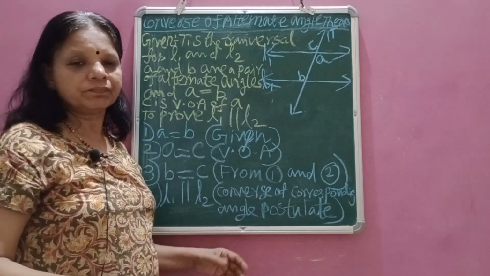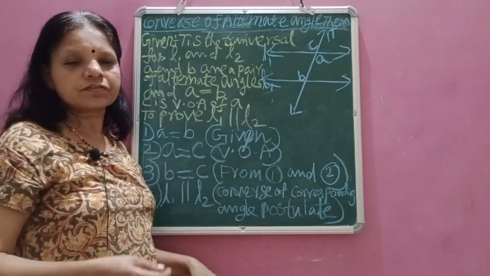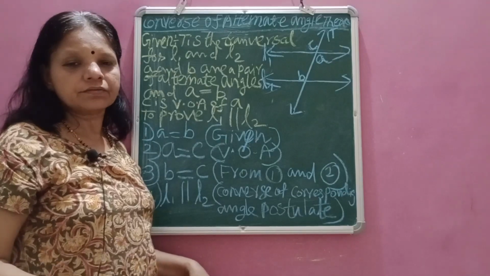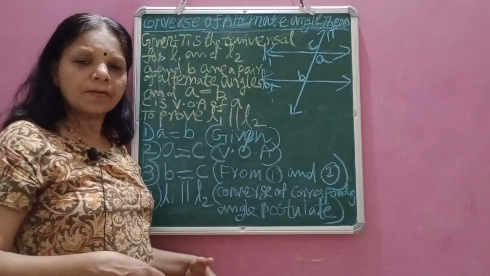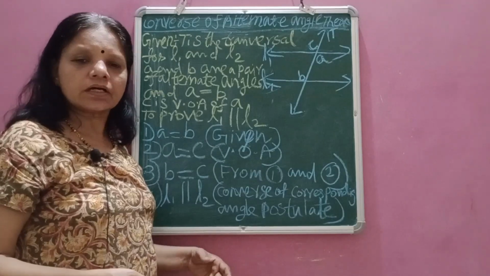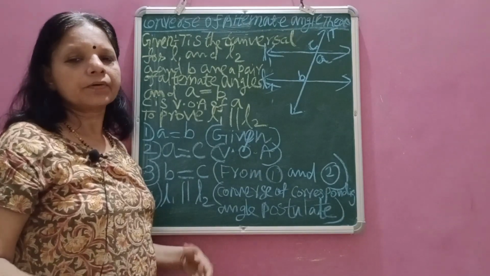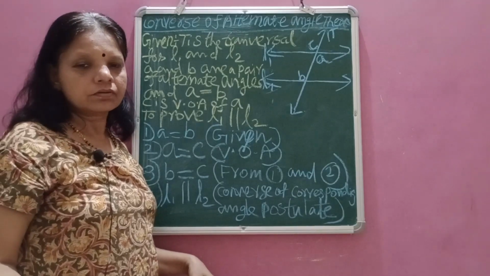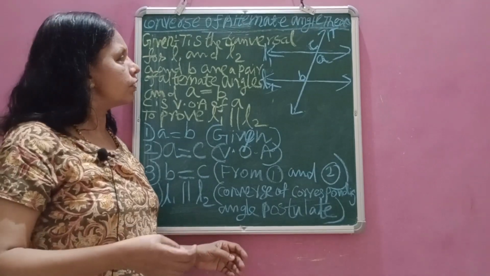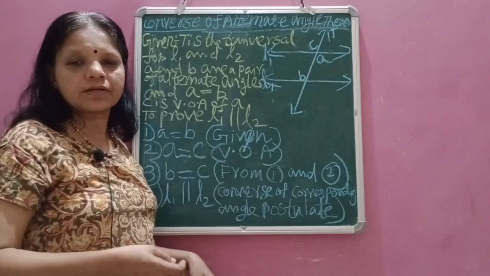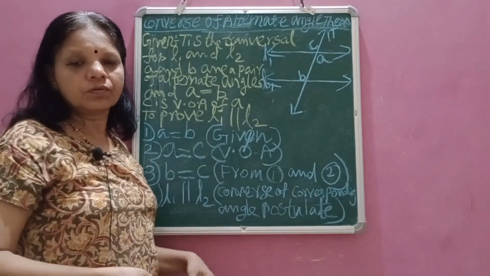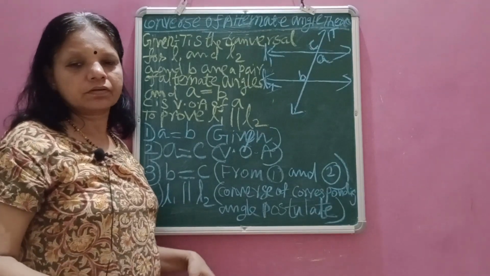What is the theorem? When a transversal intersects two lines and if a pair of alternate angles is congruent, then the lines are parallel. Understood? Understood the concept? Understood how to prove, how to write the statements: given, to prove, statement, reason.